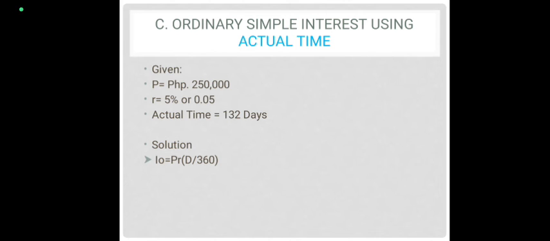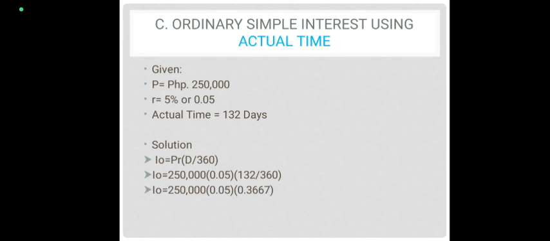So this is our formula. Ordinary simple interest is equal to principal multiplied by rate multiplied by days divided by 360. So days is 132, just divide it by 360, which is equal to 0.3667.